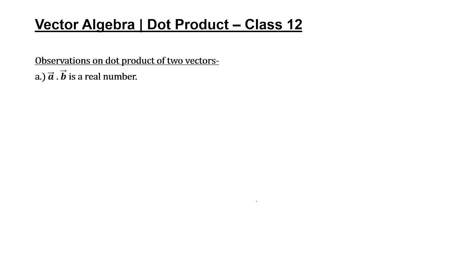Now some observations on dot product. First is, dot product is a real number. The outcome of dot product is a real number or scalar number.